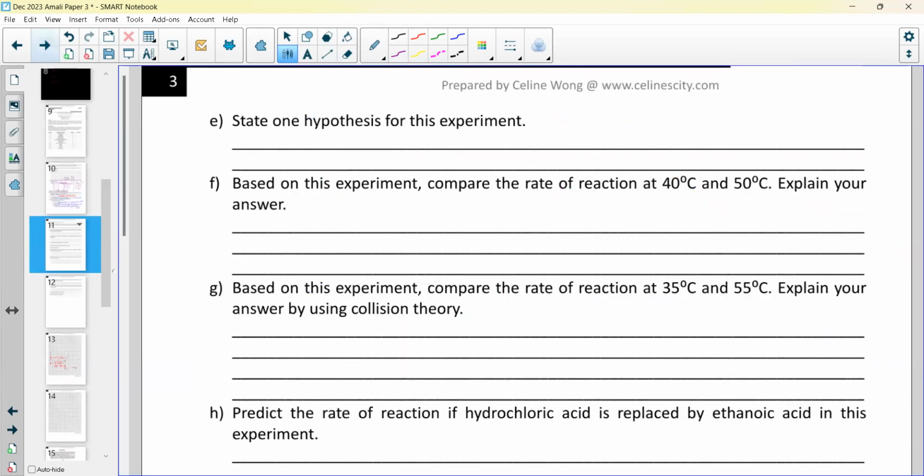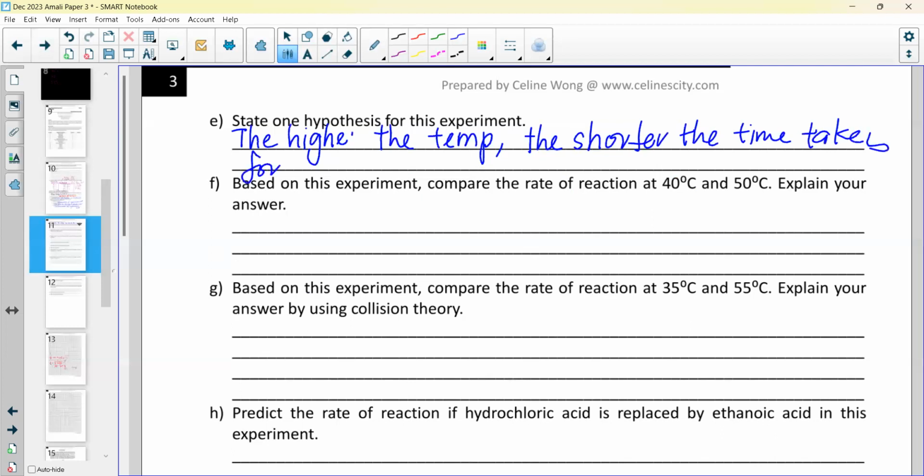Give me one hypothesis for this experiment, Zheming. Okay, the higher the temperature, or when the temperature of hydrochloric acid increases, the shorter the time taken for the magnesium strip to dissolve in acid.